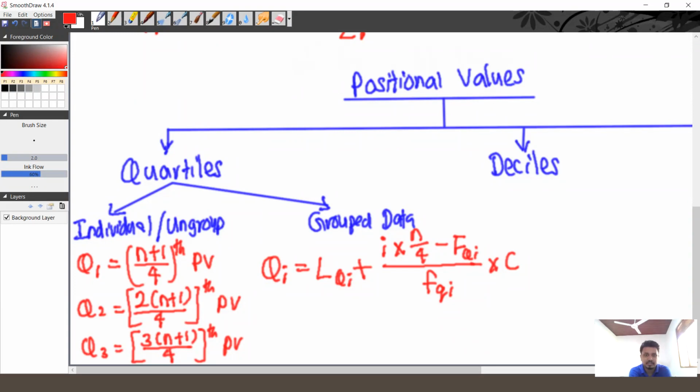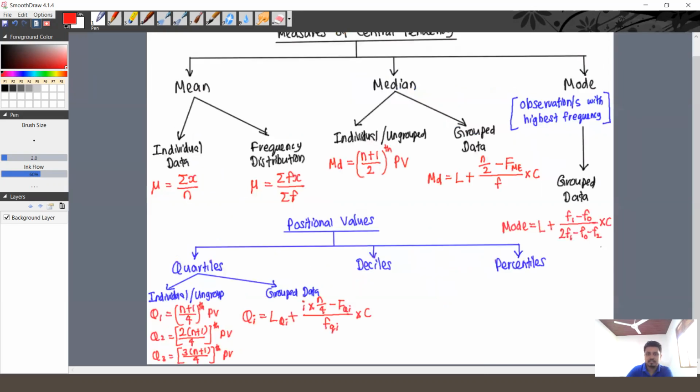Right? So if we are referring to a group data set, this is how we can calculate the quartile values. The formula we need to use in order to calculate the quartile values.